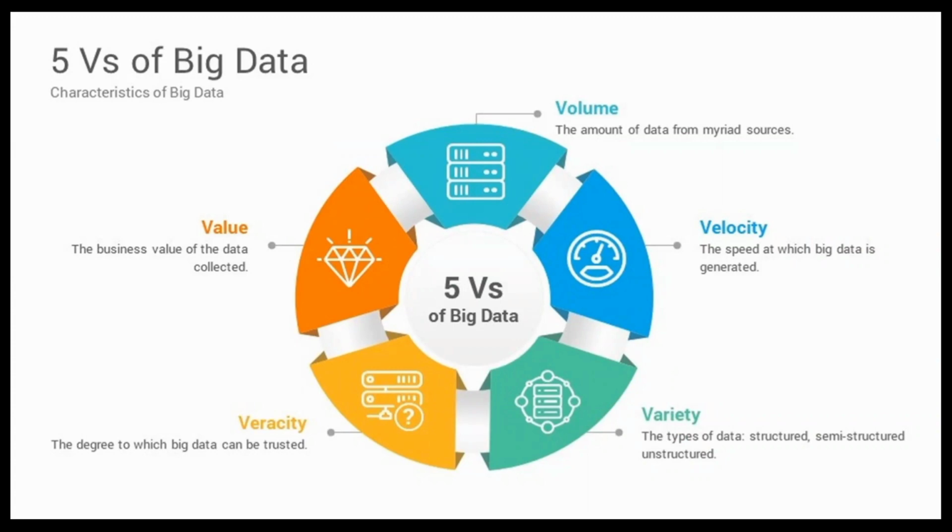Velocity. These are the characteristics of big data. Velocity is the speed at which big data is generated. Normally it will be batch, real-time streaming, or near real-time streaming data. We keep on pumping the data to the big data lake.